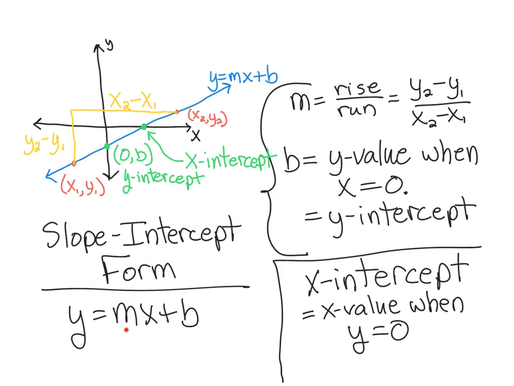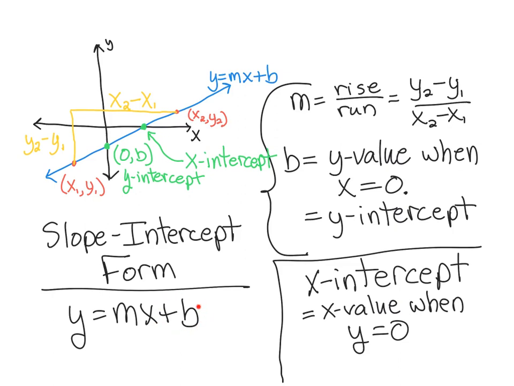If this is a number bigger than 1, then my slope is steep. If it's a number smaller than 1, then my rise is more than my run, and it's more shallow. If m is exactly 1, then x and y are increasing or decreasing at the same rate, which makes it a 45-degree angle.